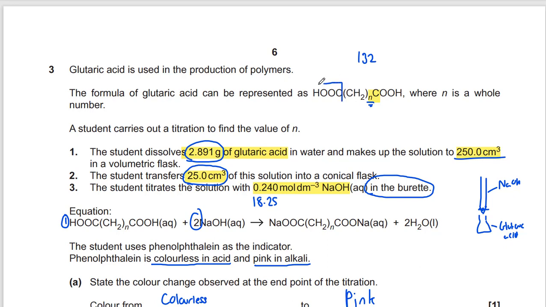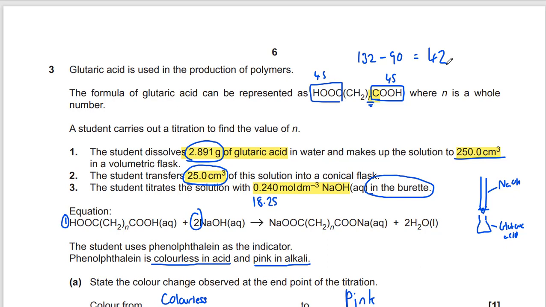So this COH and this COOH is nothing to do with the CH2s, and they are 45 each in terms of molar mass. So we just take away 90 from our answer, and we get 42. And that means that our CH2s have a mass of 42.